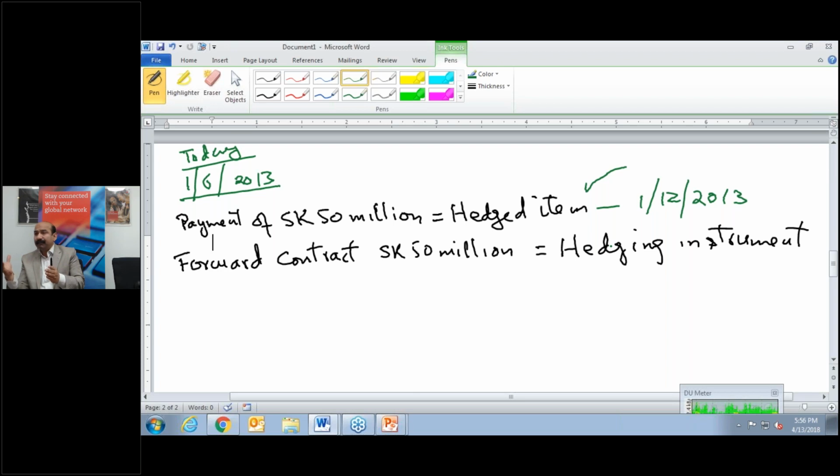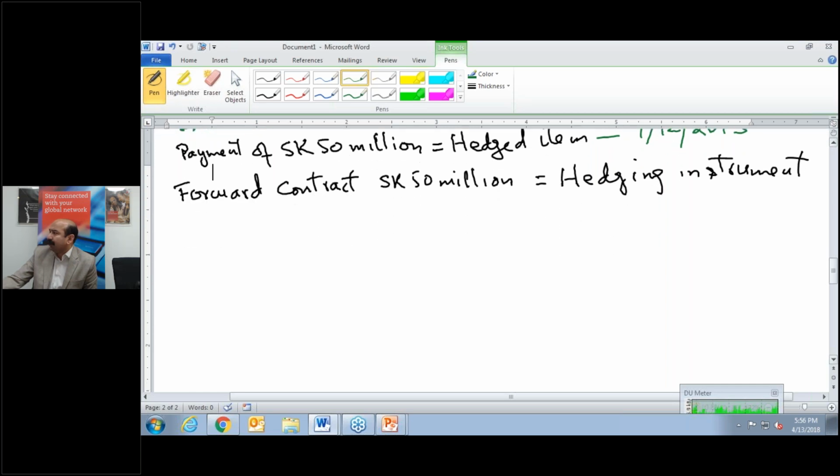So far as the hedged item is concerned, unless it is recognized, that is not part of our accounting record, so that is only a reference for the purpose of calculation. No journal entry will be passed for hedged item. Okay, let's move on now. The next date is, like, 1st January 2013.